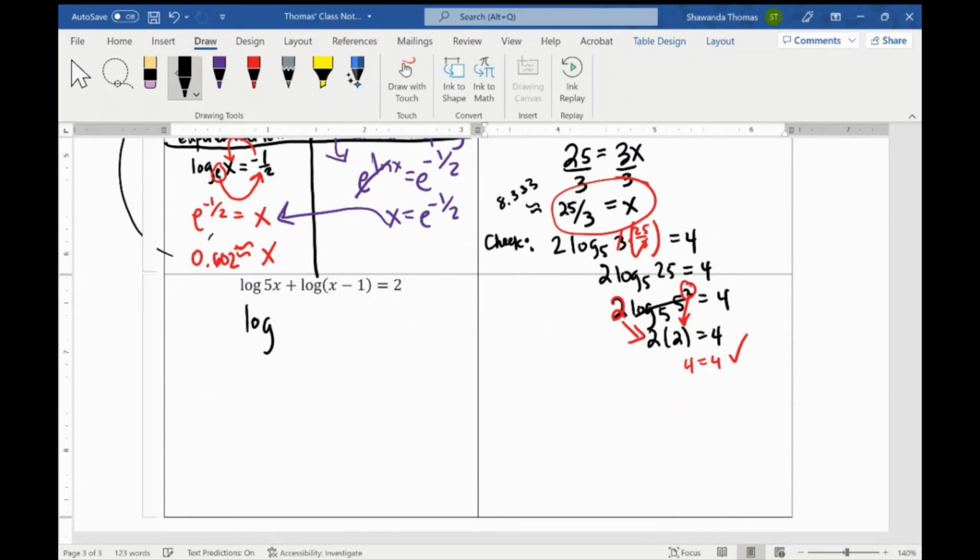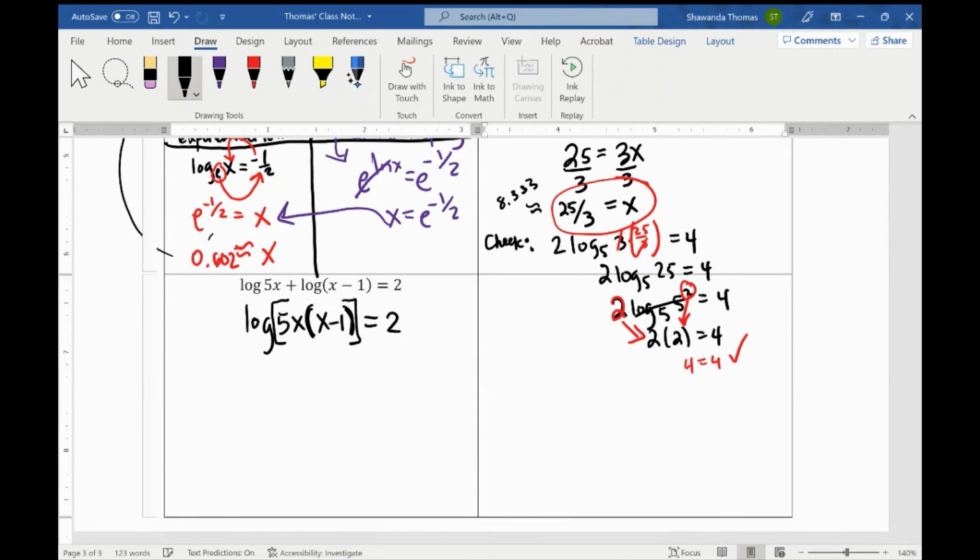So log of 5x times x minus 1 equals 2 because of this plus sign here. So this really needs another parenthesis, but since we already had a parenthesis right here, then we went out to a bracket.